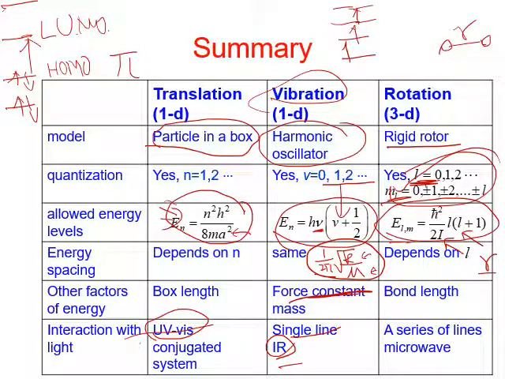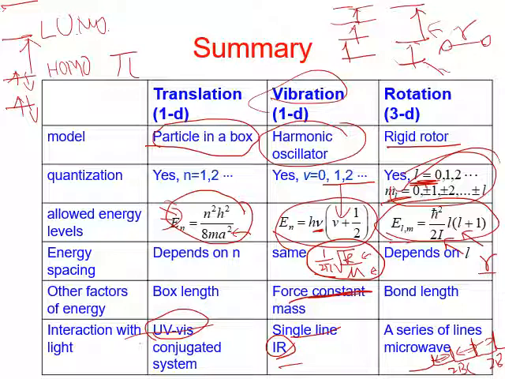The energy for rotation is not equally spaced, and therefore we predict that when we do absorption, you should see many absorption lines. And in fact, the absorption lines are equally spaced. Okay, and the separation between the absorption lines is 2Bc in hertz or 2B in inverse centimeters.